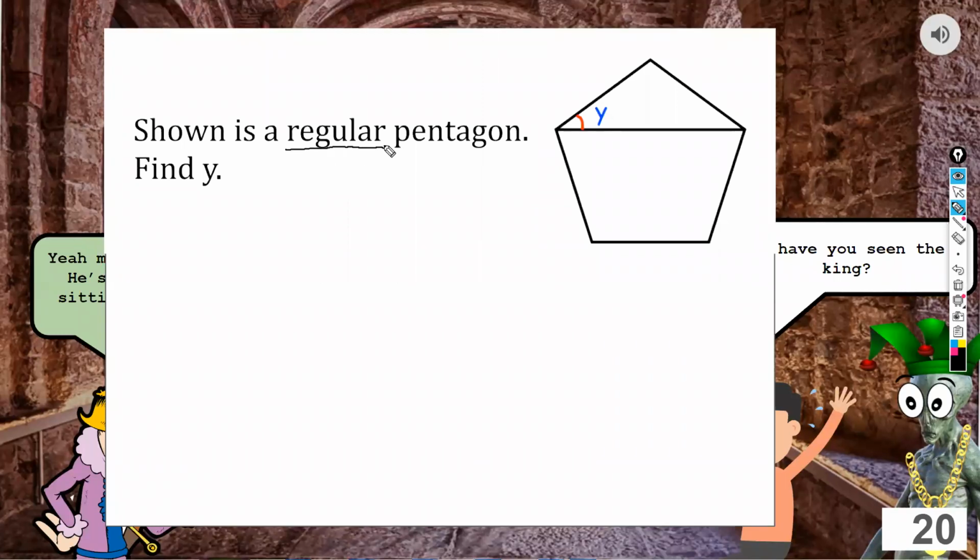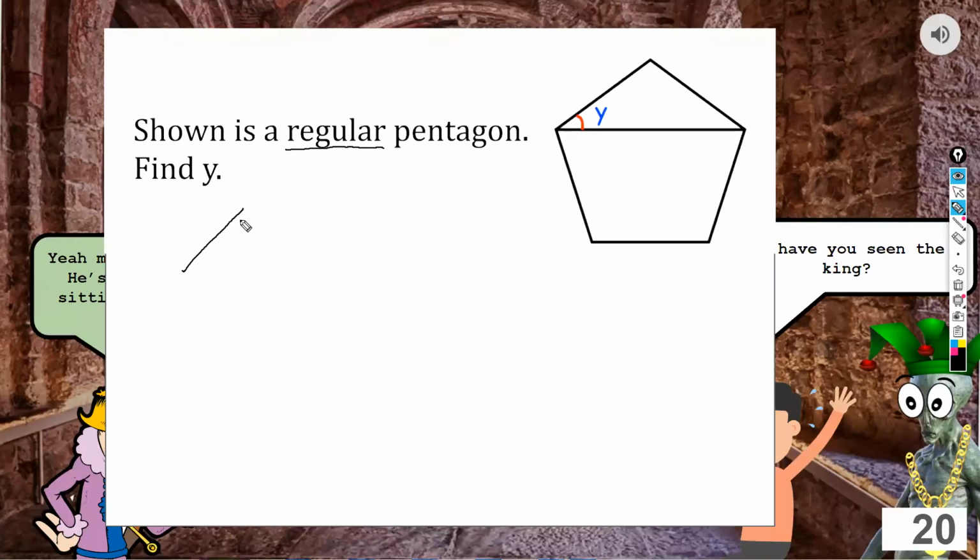From last week, what does regular mean? Well, regular means that all the sides have the same size, okay? So all lengths of the sides are the same, which means that all the internal angles in the pentagon are each equal.